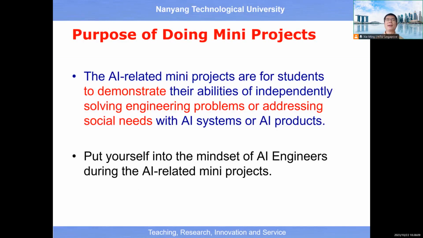And the way for us to assess your learning outcome from this course is for you to do a mini project and to submit the report of your mini project.